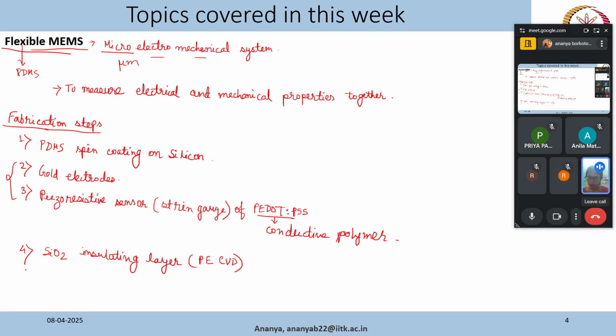After that, we will make the gold contact pads for this piezoresistive sensor. Then we will make the other electrode, and for that we will first use SU8.